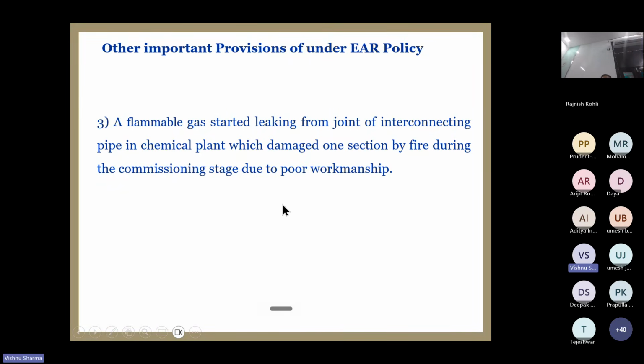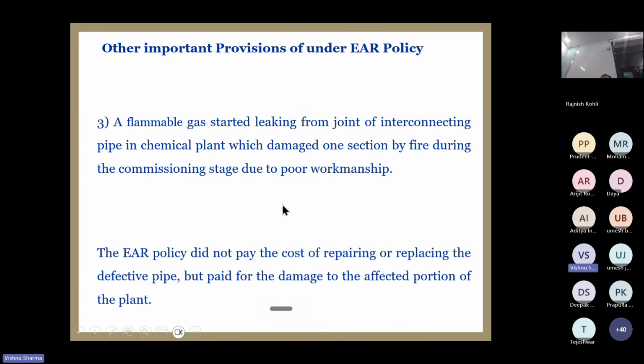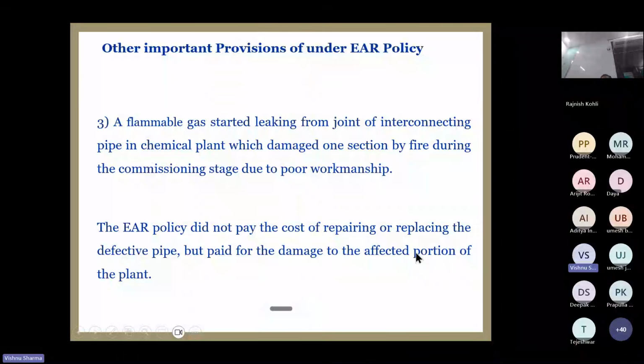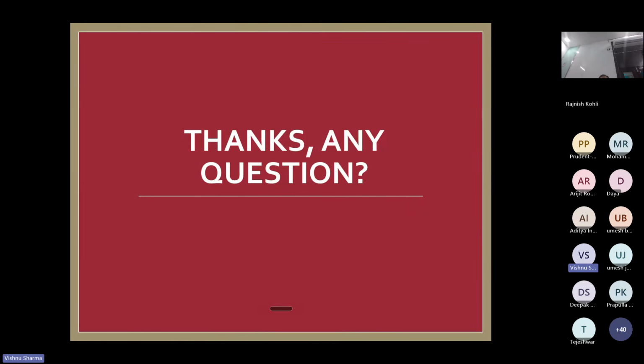In that case, the ER policy did not pay the cost of repairing the defective pipe, but it paid the damage to the affected portion of the plant. So due to leakage a fire broke out and the plant was damaged; the policy paid everything but did not pay the cost of the defective pipe. It means they will pay for the elephant but not for the mouse. It is like that. They will not pay for the defective pipe because it was defective in condition, but the rest everything we will pay. And that is all for today's session.